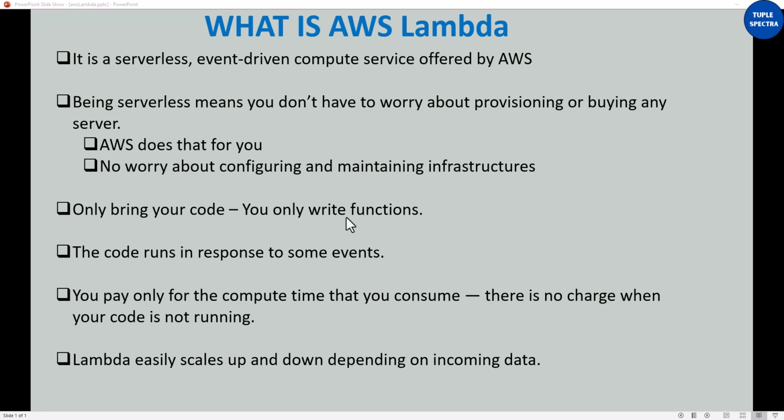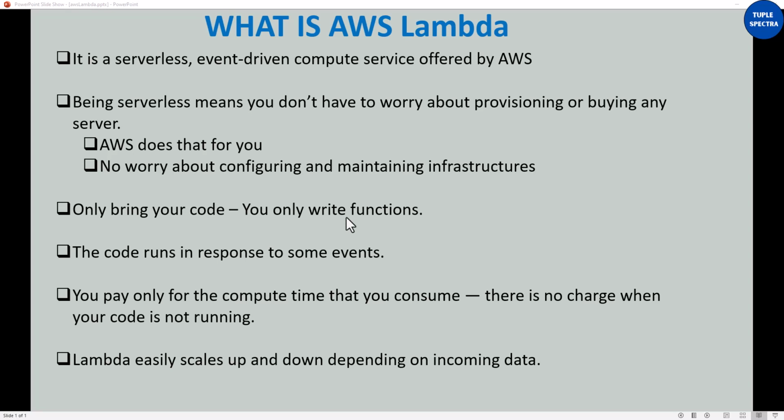Because when you have your EC2 instance running 24/7, you get charged for that, okay? But rather, you can have your function that would help to reduce the size of this image file inside what we call AWS Lambda.